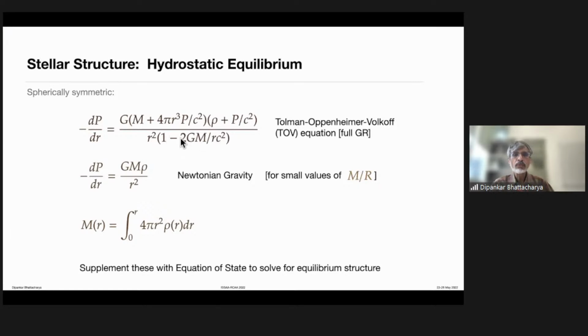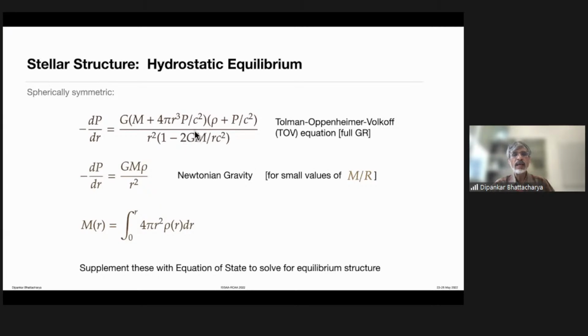And there is a factor which enters the denominator, which has to do with the event horizon in case of a Schwarzschild metric. Instead of r squared, you now have a correction to it, r squared times 1 minus 2GM by rc squared. Now, if this quantity 2GM by rc squared is very, very small compared to 1 through most of the stars, then we can ignore this.